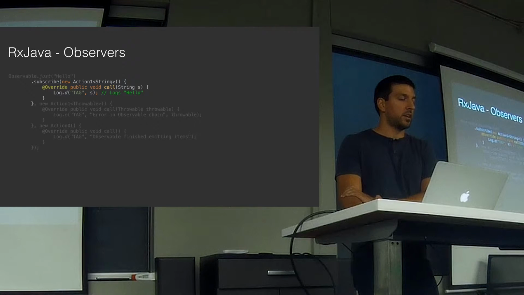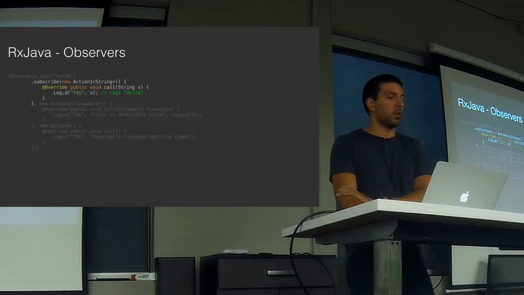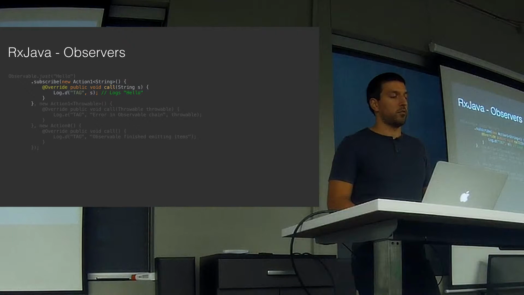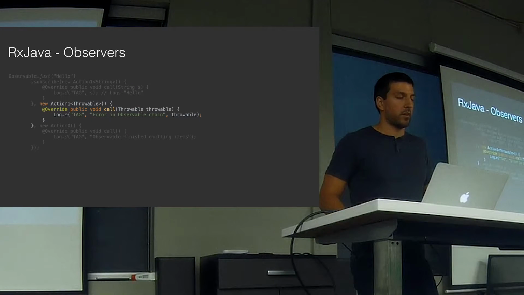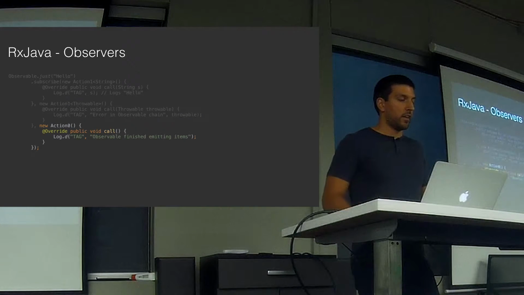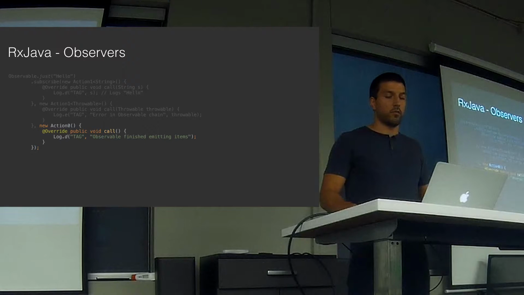The first one is an Action1, which is just a callback that provides one argument and doesn't expect anything in return. So here we would be logging hello, and that's the onNext call. The next would be onError, and that's also an Action1 that provides a throwable and again doesn't expect anything in return. And then onComplete is an Action0. It's just an empty callback that's saying we're done. There's no data for you to use in there.